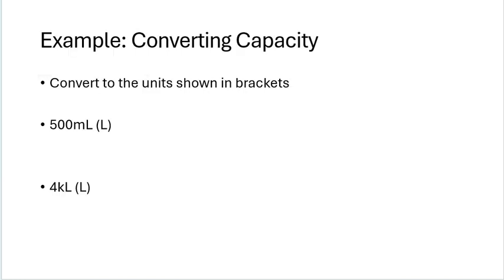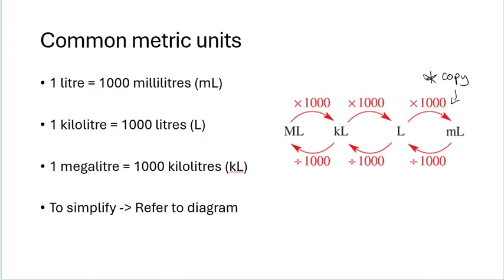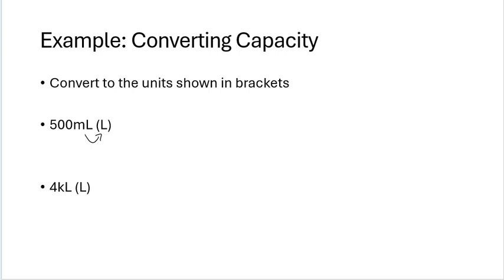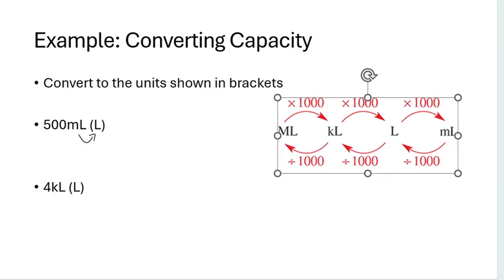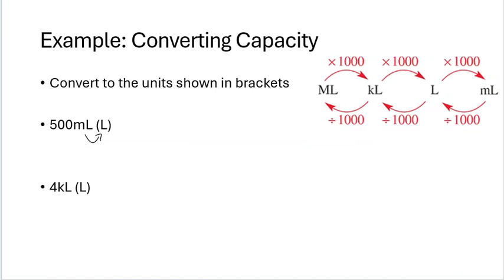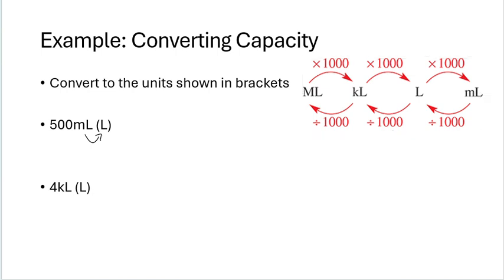So, convert to the units shown in brackets. I need to go from milliliters to liters here. So what I'll do is I'll just copy this and then I'll paste this on the side. So to go from milliliters to liters, I'm going to divide by 1000.